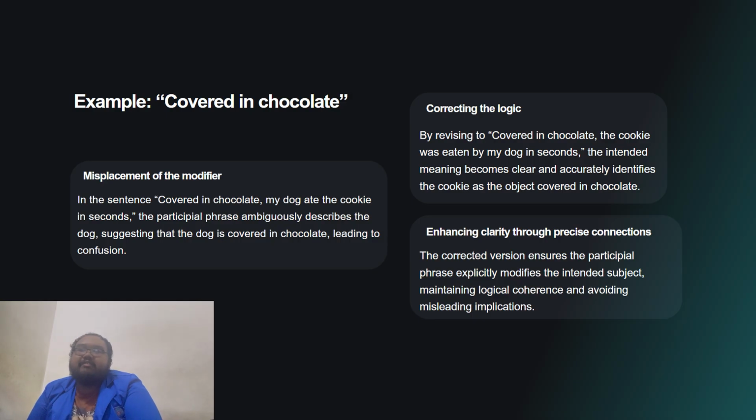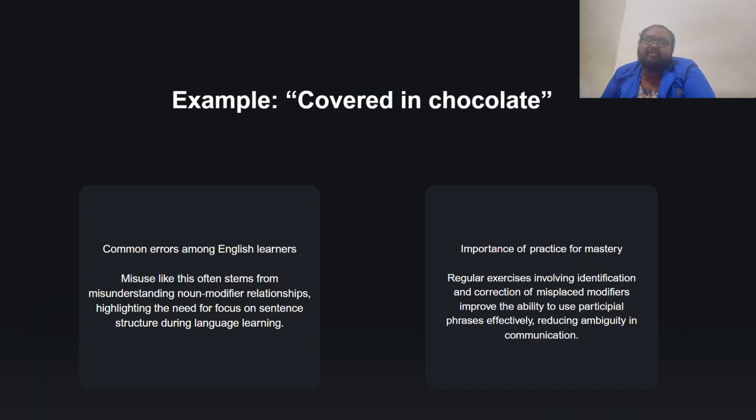Enhancing quality through precise connection, the corrected version ensures the participial phrase explicitly modifies the intended subject, maintaining logical coherence and avoiding misleading implication. Now, common errors among English learners.